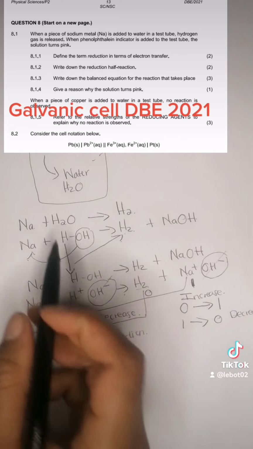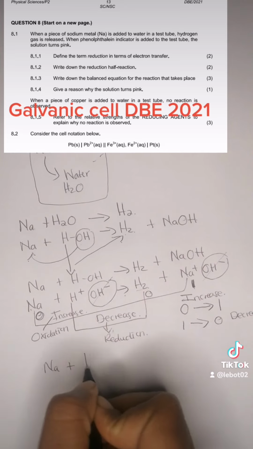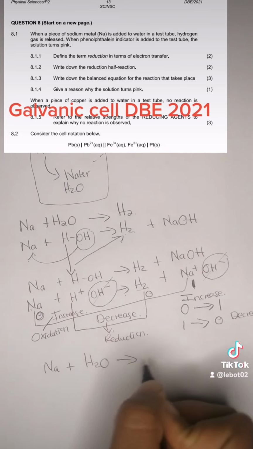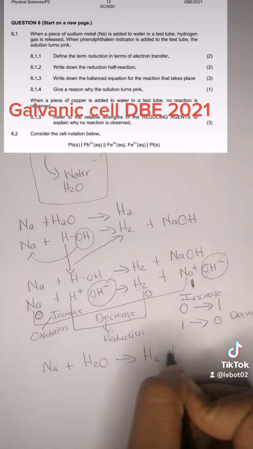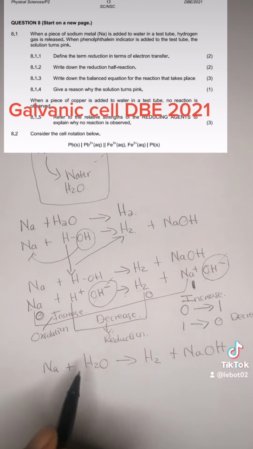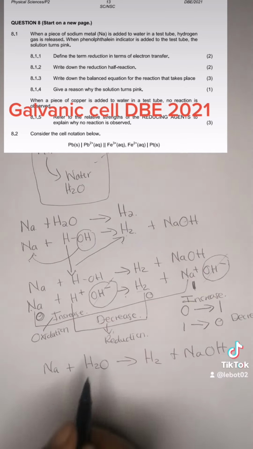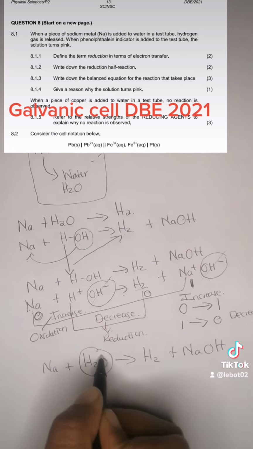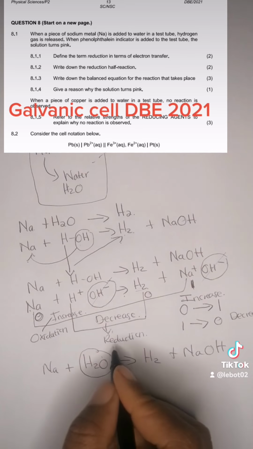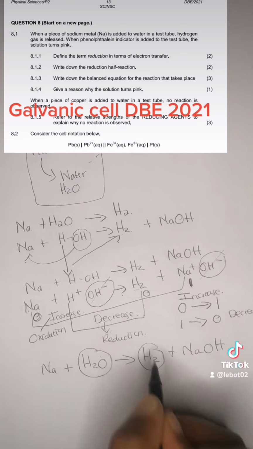Then now you can go back and say, okay, this is what I had, Na plus H2O to give me H2 plus what? NaOH. We've already established that reduction will happen where? In terms of the H2O, this one. And the H2, this one.